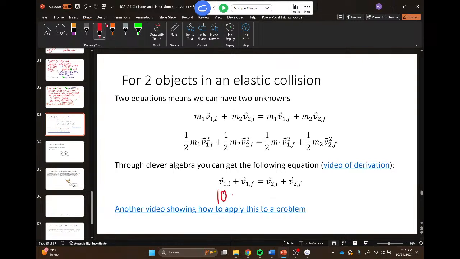We could have said that 10 plus V1 final equals 0 plus V2 final. So we could have said that V1 final equals V2 final minus 10, and then we could have just chucked that in this equation, and it would have been way easier algebraically. But to build this, it's a whole process. Watch the video if you want. It is kind of cool. I'm just not going to spend the time on it, hence the video. Okay.